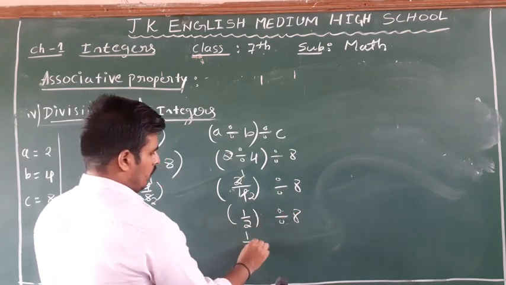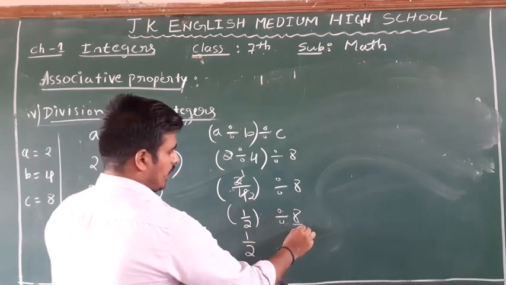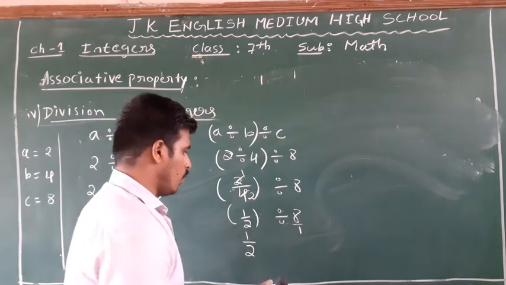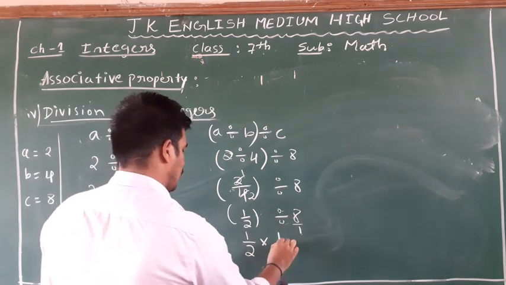This 8 means 8 by 1. If there is no denominator, it has to be taken as 1. Division will become multiplication and 8 by 1 will become 1 by 8.